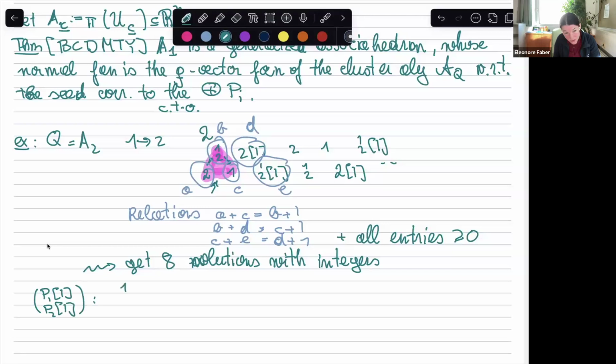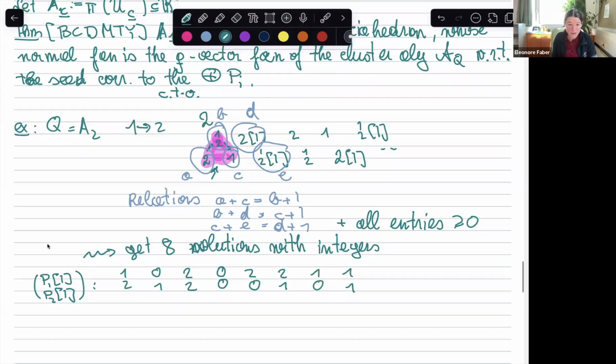So I get 1, 2, 0, 1, 2, 2, 0, 0, and these are the 0, 0, 2, 1, and I made a mistake here. So it's 0, 0, 2, 0, 2, 1, 1, 0, and 1, 1.